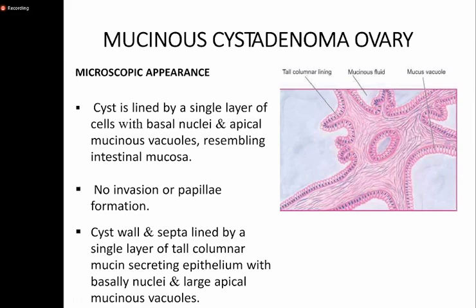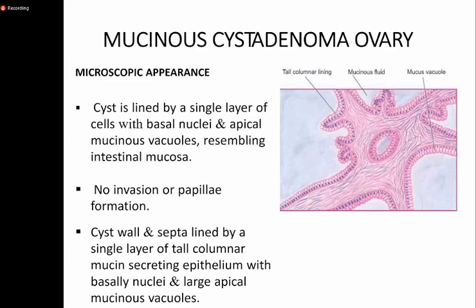You have a single layer lining of columnar cells lining the cystic spaces. The nuclei are basal with apical mucinous vacuoles, and the epithelial lining resembles intestinal mucosa. The mucinous cystadenoma generally doesn't have papillae or invasive tumor.